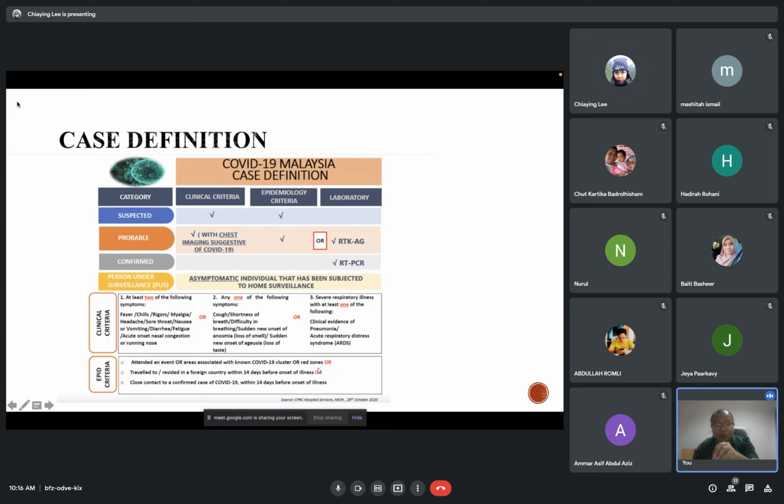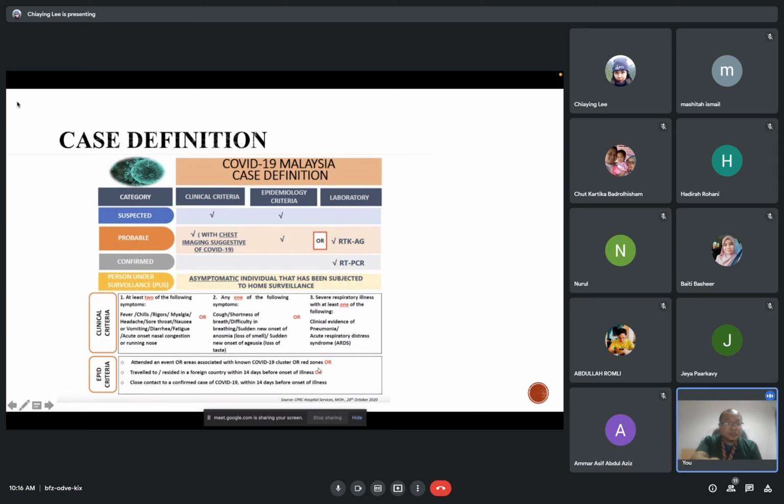So that's why you had all these criteria to select patients for RTK or PCR. But with the last outbreak, pretty much everyone with flu-like illness we straight away do RTK, because the contact history became a bit irrelevant as COVID is in the community.